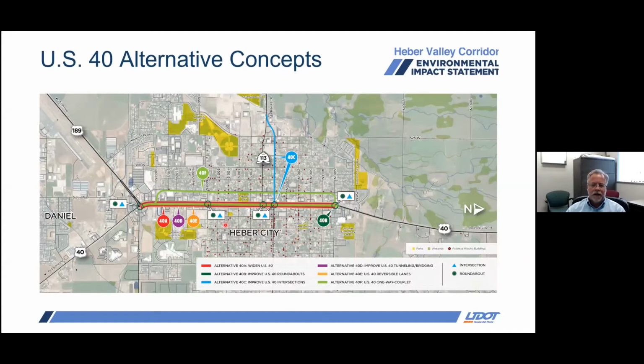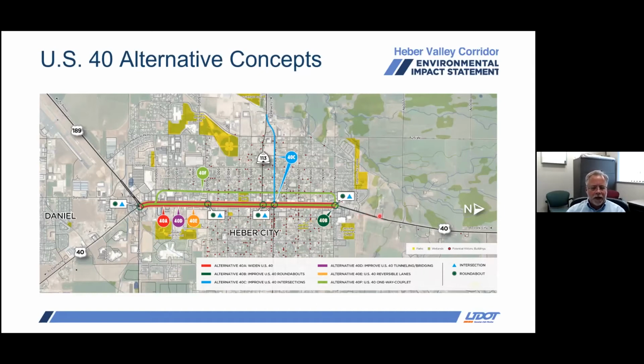We wanted to use this figure to highlight the differences and the similarities associated with each of these alternatives. But I'll be going through each one of these alternatives individually in the following slides.